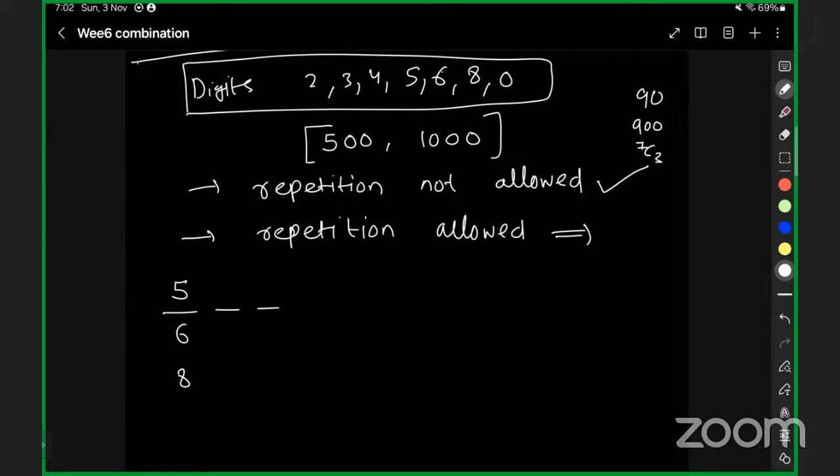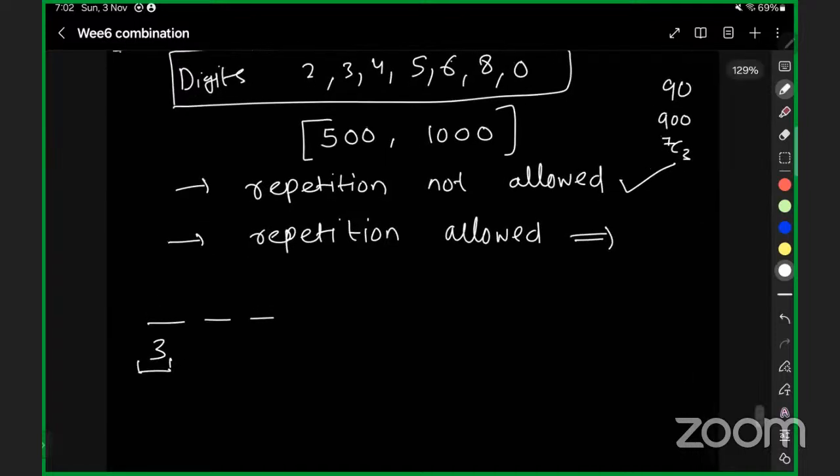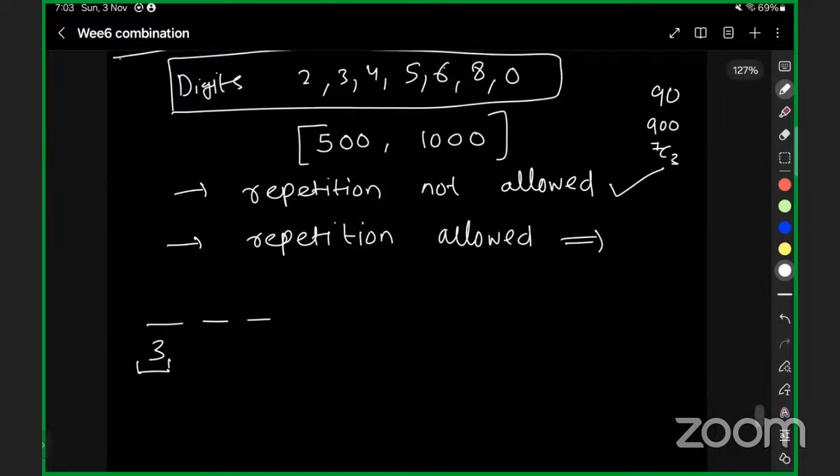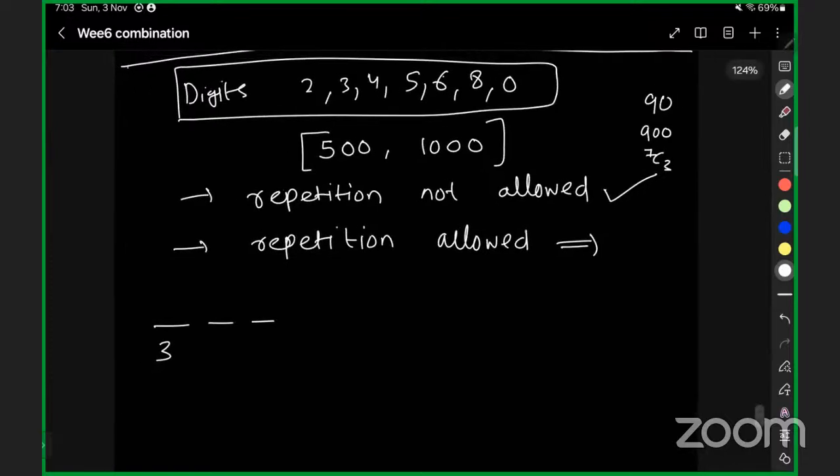So there are 3 options available to us here. 3 options, right? So I'm writing 3C1 here. No, repetition is not allowed.